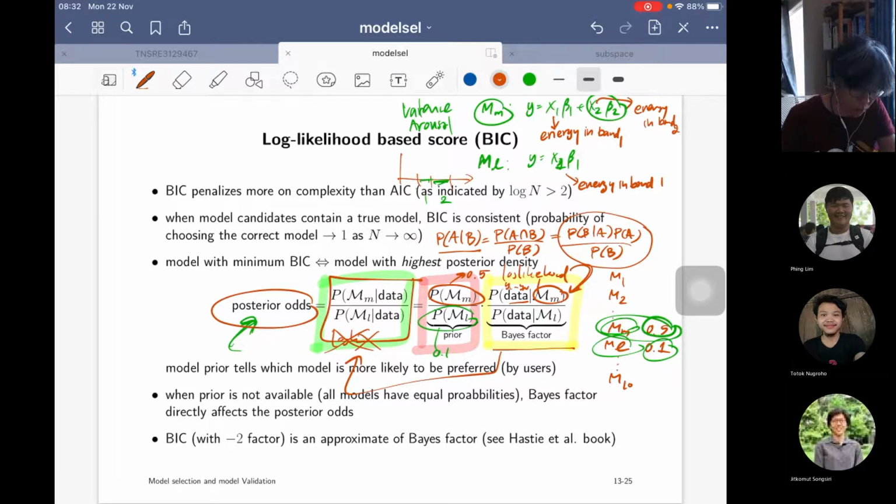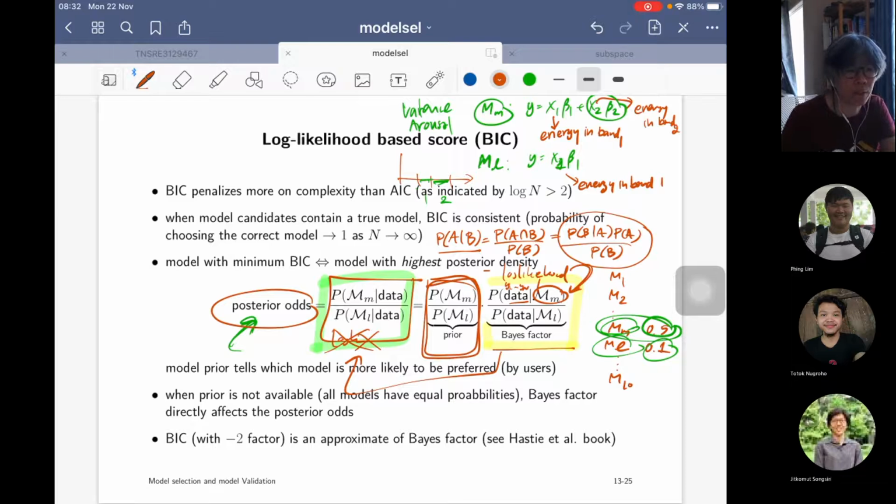Now let me go back to the case where, in some applications, you don't have any information about the prior density.